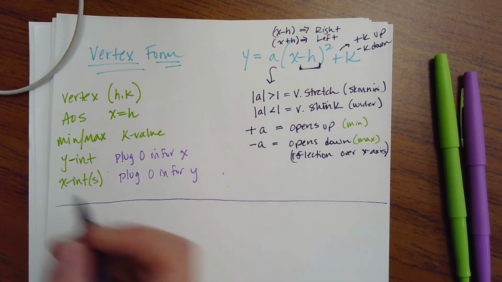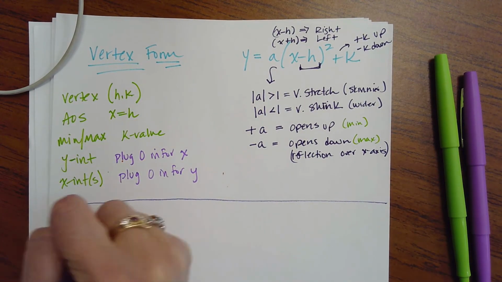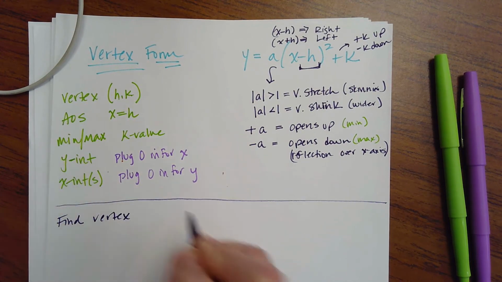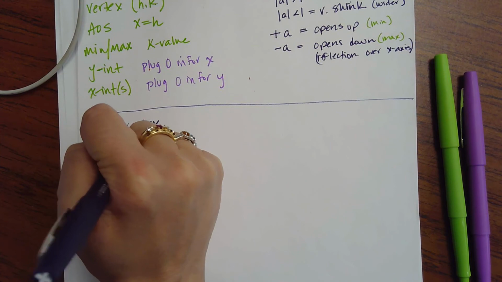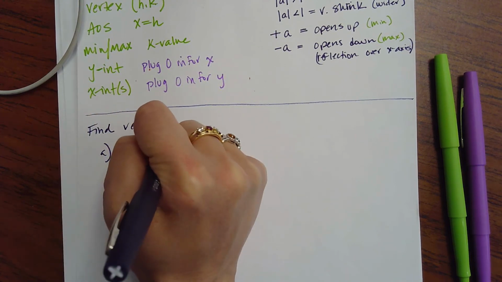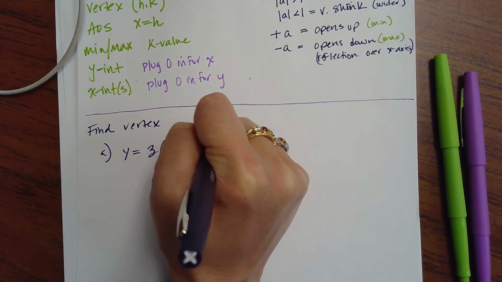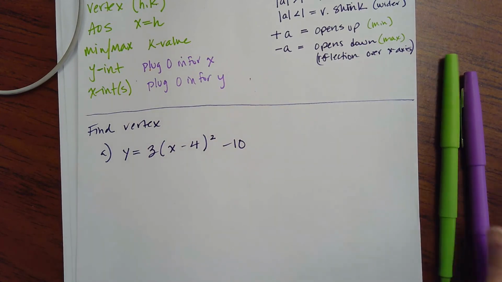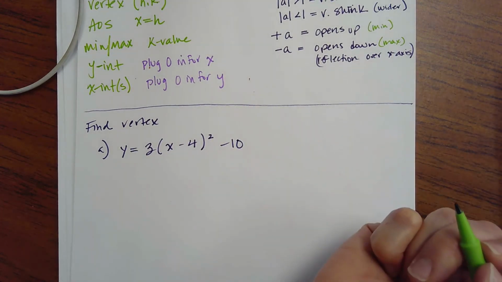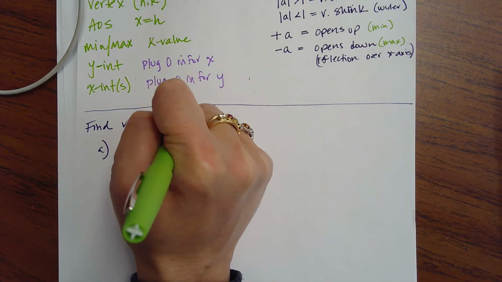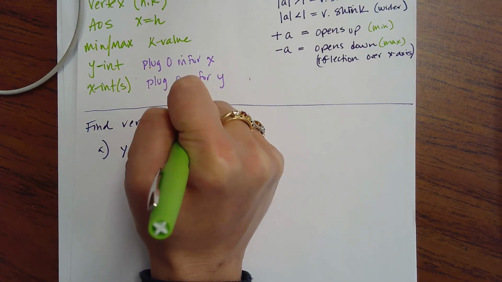Let's do some examples. Let's start by just finding the vertex. In my example here, we're going to start by looking at y equals 3(x minus 4) squared minus 10. What I want us to do is find the vertex of our graph. So remember the format of your equation. It always goes x minus your h value.